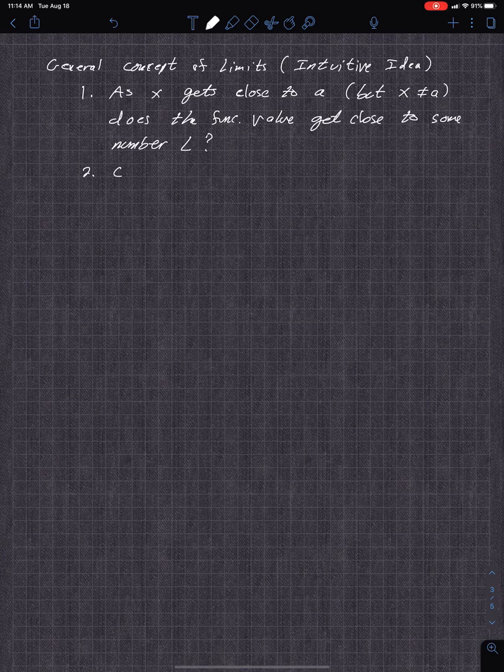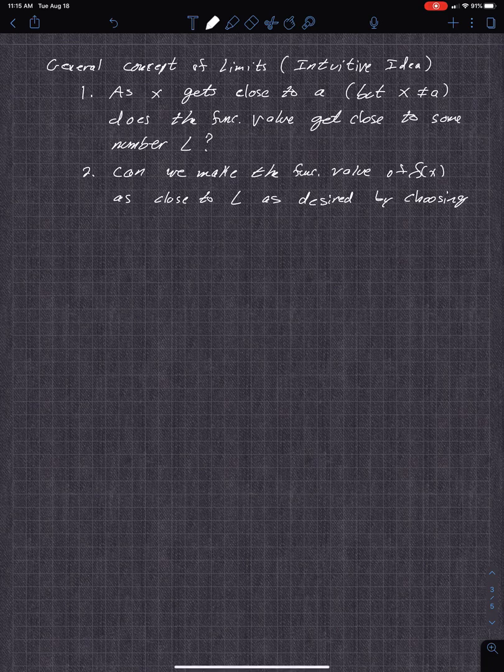So the next question is this, and the way to think of it is, can we make the function value of f of x as close to L as desired by choosing x sufficiently close to a, but not equal to a.